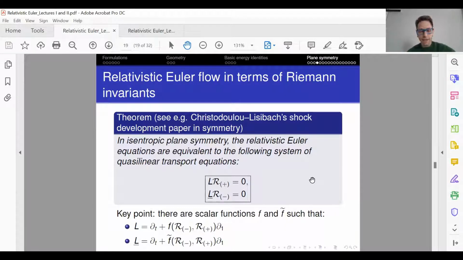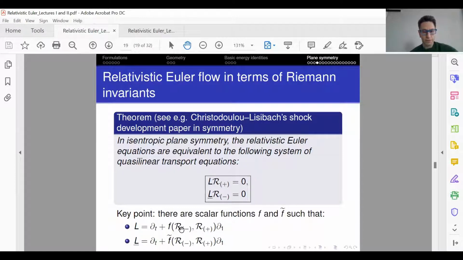Just quickly, to review, I had discussed that if you look at the relativistic Euler equations on the Minkowski background, and you look within the class of plane symmetric and isentropic solutions, then by introducing a pair of null vector fields, L and L bar, which have explicit formulas depending on the fluid equation of state, but which I'm only writing schematically here.